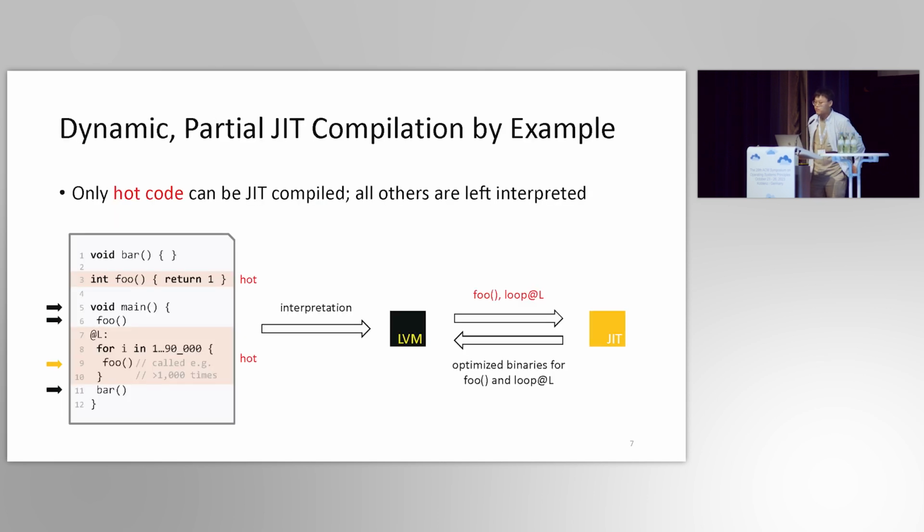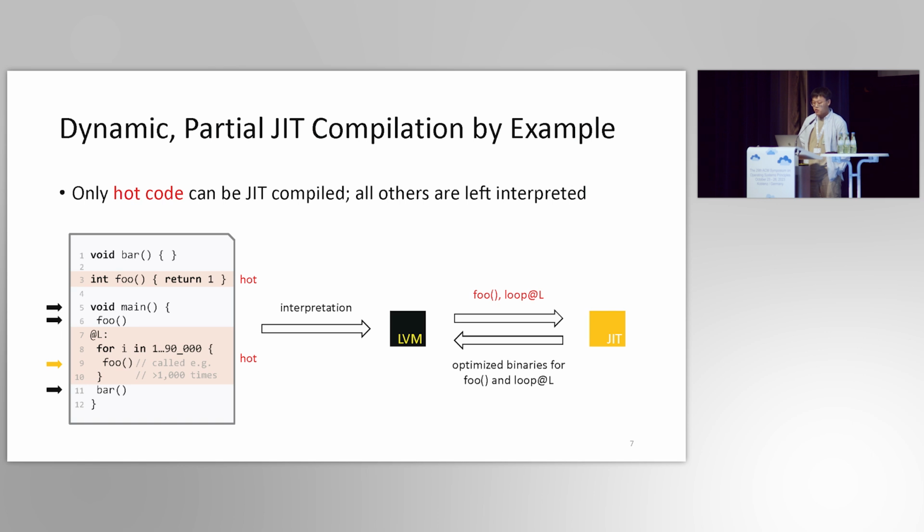Let's take a very simple example to explain how it works. If we input this example to the VM, we interpret it from main, to foo, and then foo many times.